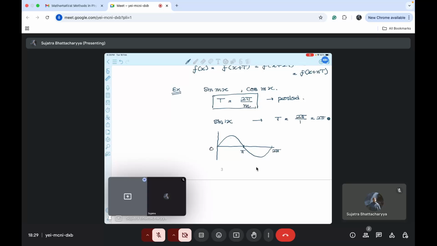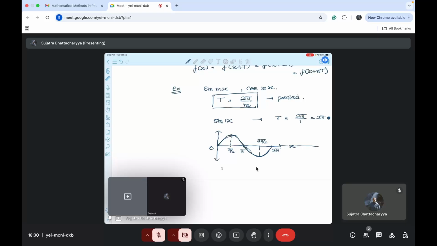This is π/2, and this is 3π/2. This is x. You can see that this one complete cycle, with one maxima and one minima, has a period of 2π. Next, it goes the same way with a period of 2π, so this is 2π, this will be 4π. This is the periodicity. This is the periodic function.